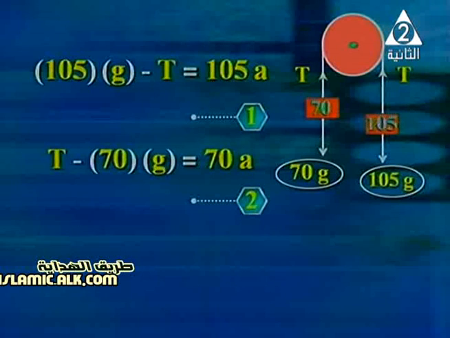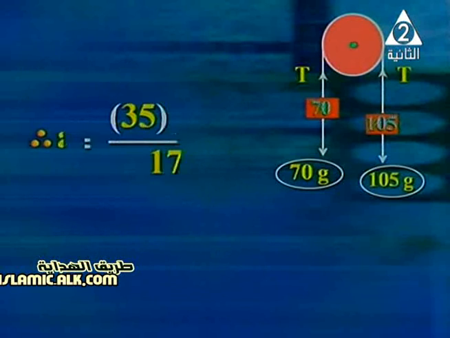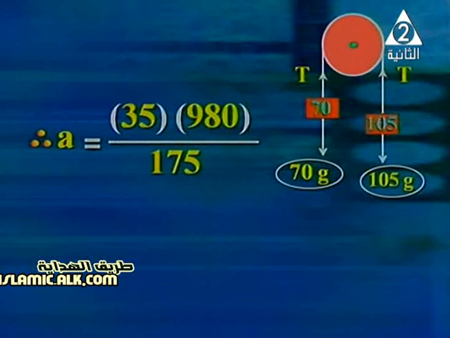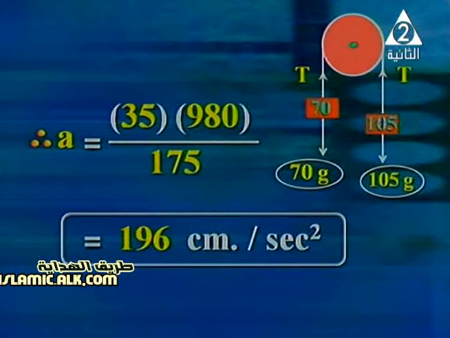By adding the two equations to find the value of acceleration, then 35 times 980 equals 175a. What is the value of a? The value of a equals 35 times 980 over 175. Then acceleration is 196 centimeter per second squared.